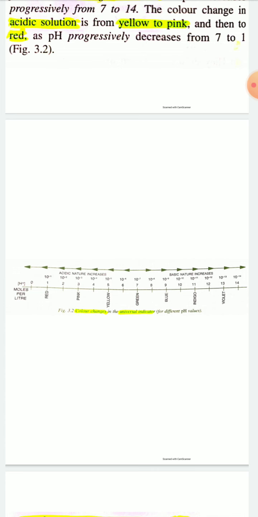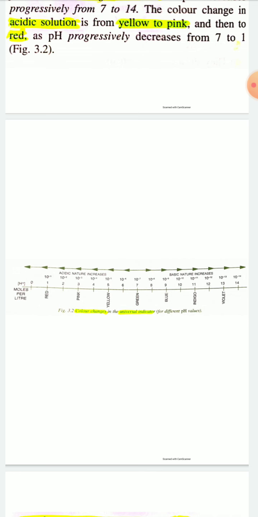By using this universal indicator, you can identify whether a solution is acidic or basic, or how much acidic or how much basic or alkaline in nature. Universal indicator shows different color in different basic or acidic medium.